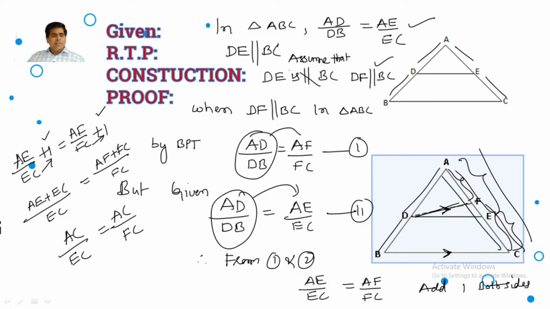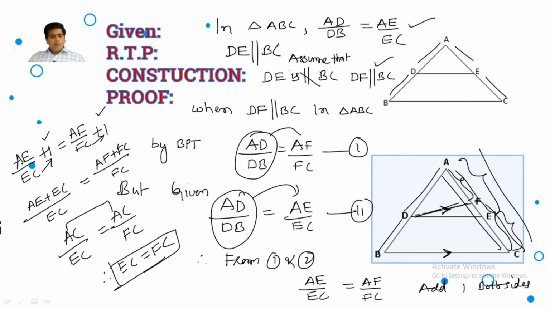Now clearly when these two ratios are equal and the numerator is also equal, definitely the denominators must be equal. Therefore I can conclude that EC is equal to FC.